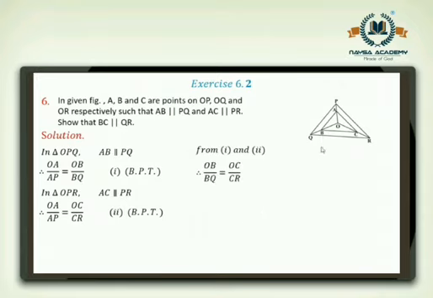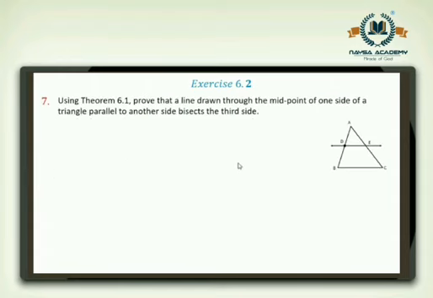So if you see this triangle OQR, in this triangle ratios are given equal, that is OB upon BQ is equal to OC upon CR. So hence again by converse of basic proportionality theorem, I can say that BC is parallel to QR. Now let us see the seventh question.